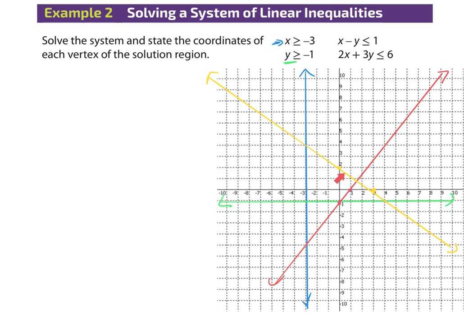So we have below this line and above this line. So this one flips. So we're actually going to get this little wedge right here. That's my answer. So you just have to shade in your answer. Below one, above one, and above the other two, vertical and horizontal. There we go.